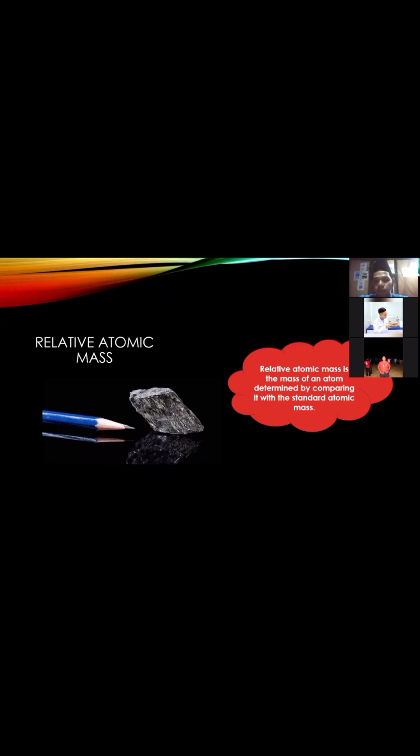The standard used for determining the relative atomic mass is the carbon atom. The atomic symbol is C. Okay, good, Miko. Thank you. Applause for Miko. Relative atomic mass is the mass of an atom determined by comparing it with the standard atomic mass.